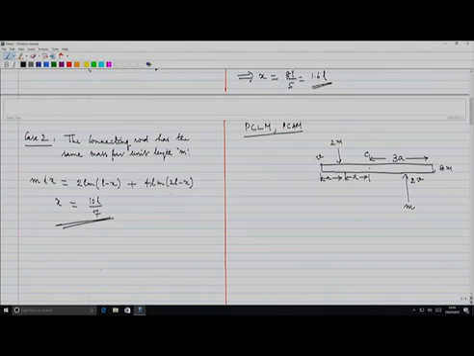Okay. Part 1: determine V_C, the velocity of the center of mass.